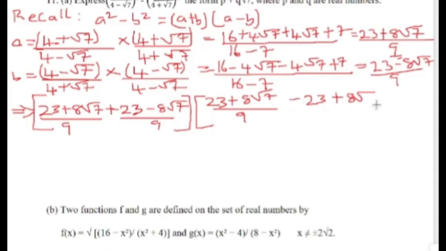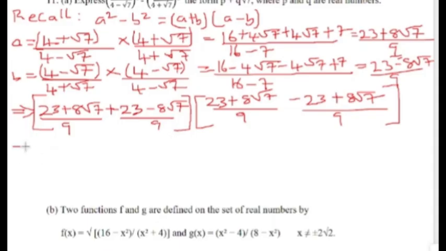This negative sign here, minus b, makes minus 8 root 7 become positive. So it becomes 8 root 7 over 9. Now this is what we have here.